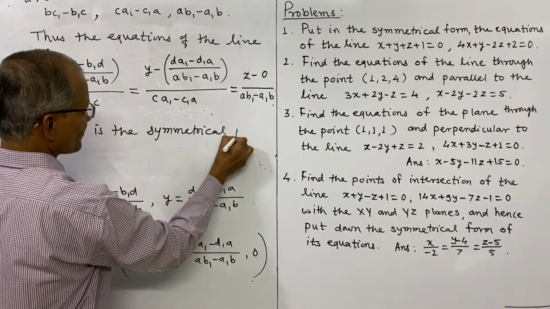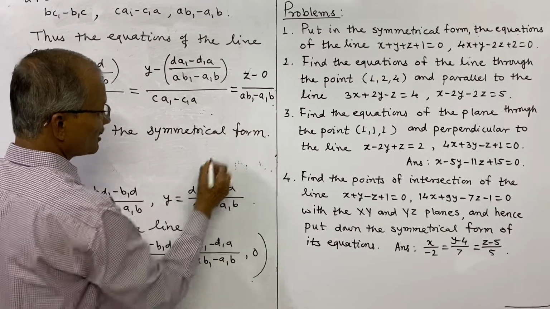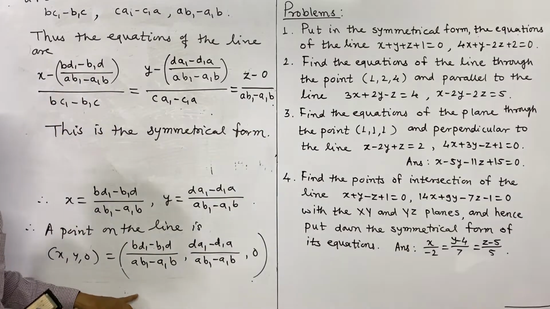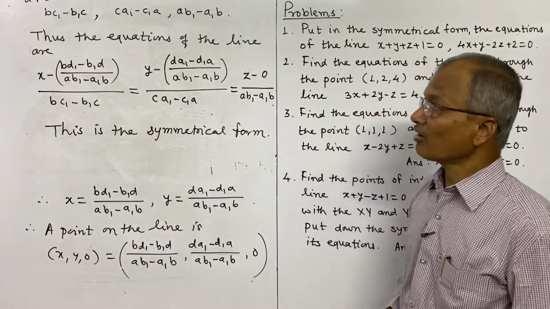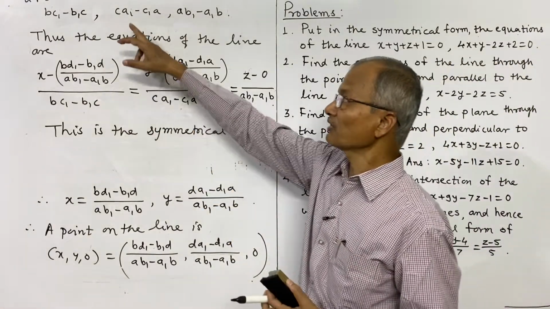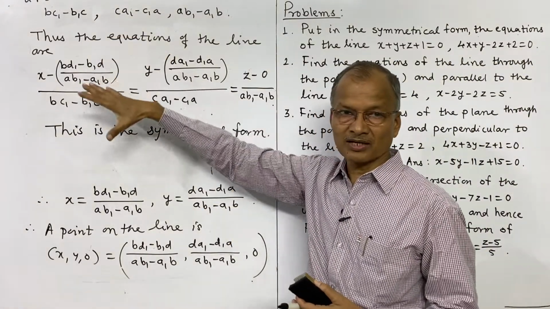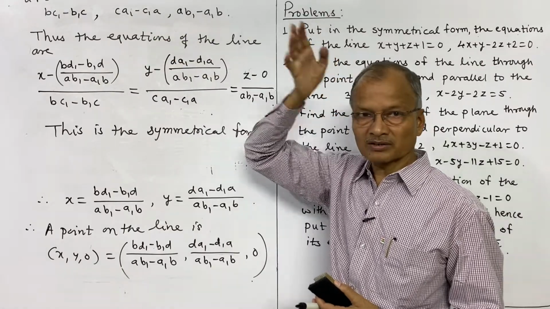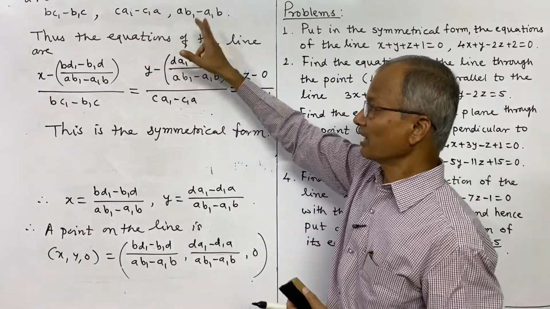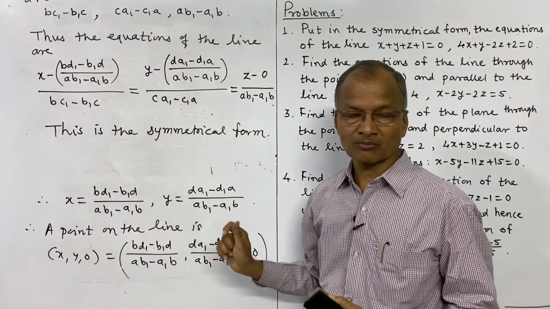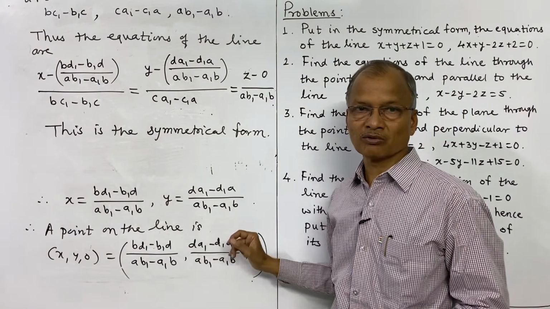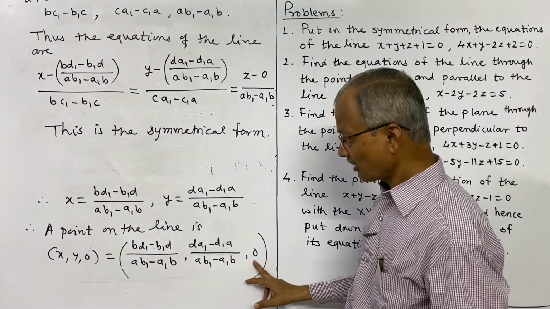So thus we have transformed unsymmetrical form to symmetrical form, and for that purpose we have obtained two things. First we have obtained the DRS of the line, because the line is perpendicular to the normals. Then to obtain a point we have considered the intersection of the line with the plane z is equal to 0, and the z coordinate becomes 0.